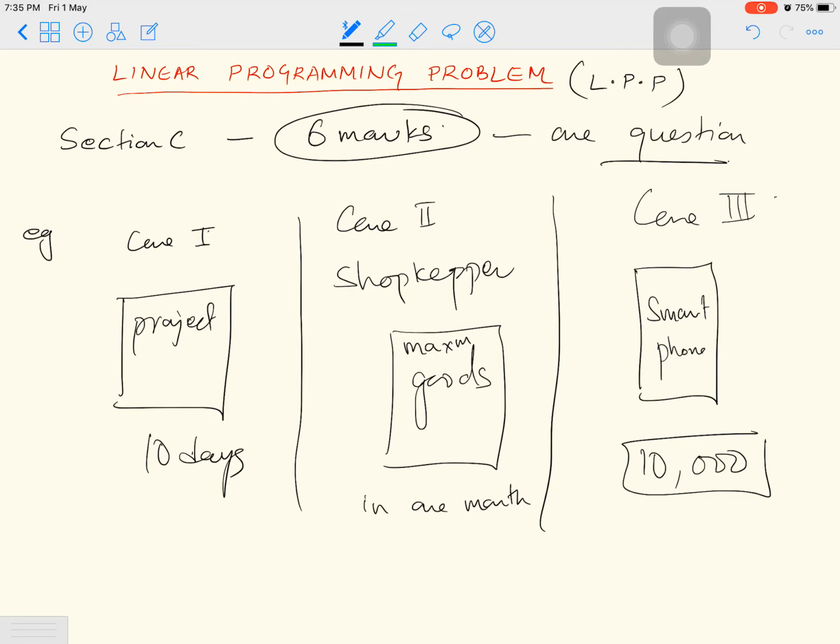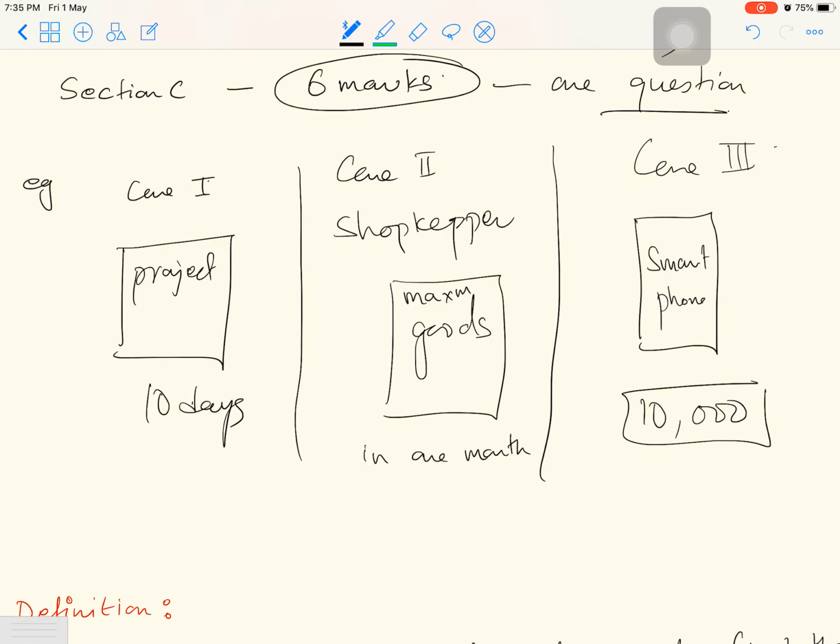What you see here is that in these 3 situations, a certain target has to be achieved. In case 1 you need to complete your project within 10 days. In case 2 the shopkeeper has to sell the maximum amount of goods within 1 month, and in case 3 you need to buy a smartphone under 10,000.